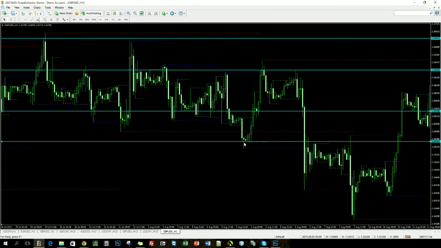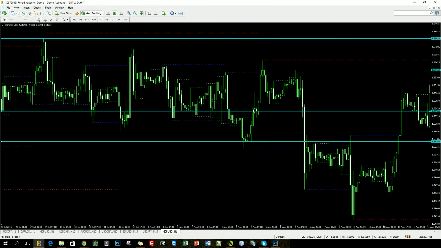Whether they draw it in or just eye it, that's a great indication of where price is going to go. Let's say in this scenario we enter a buy position. You look at this previous support level, which is now a resistance level, and that's where you'd put your take profit 1, a little bit below it probably, and then you trail stop up, okay?